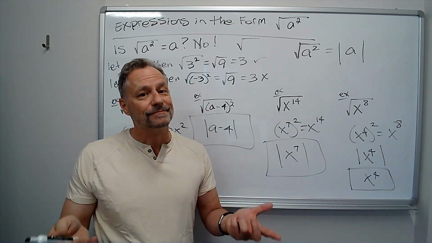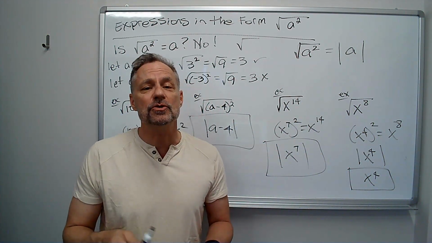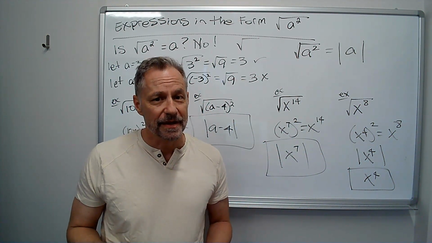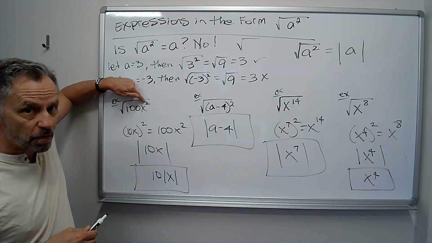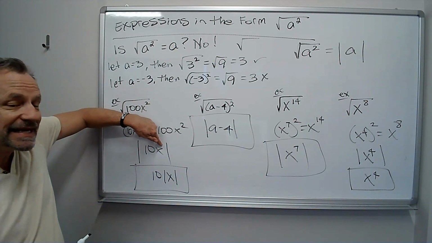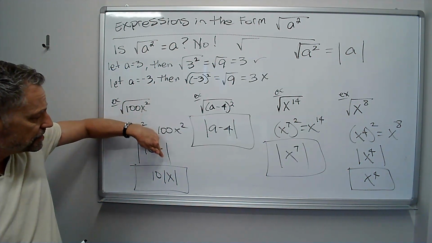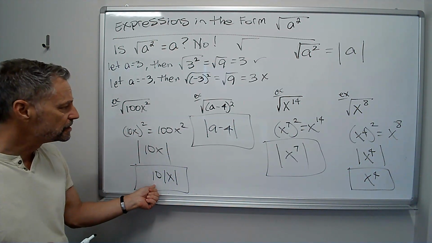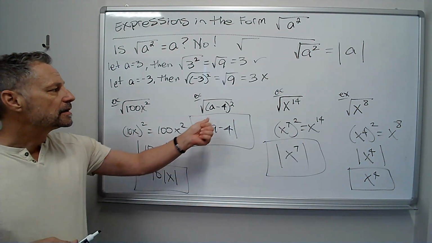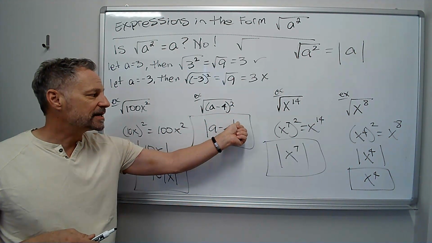Okay. When is it that we have to use the absolute value and when don't we? Well, if we start with an even power, 2, and we end with an odd power, 1, we need the absolute value. You don't need it for the numbers. We started with an even power, ended with an odd power.